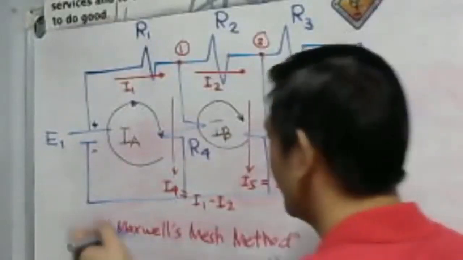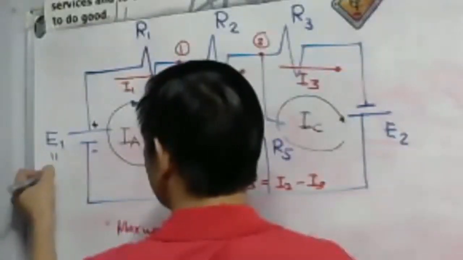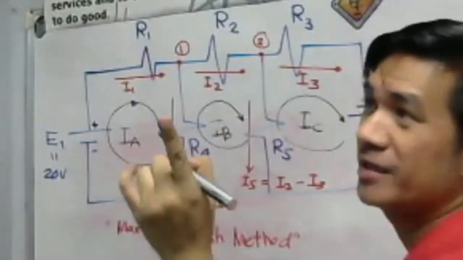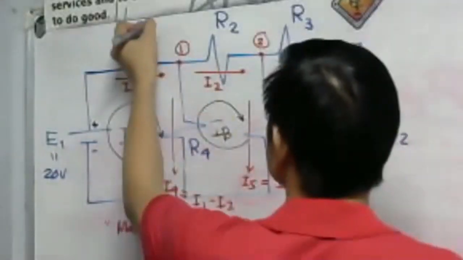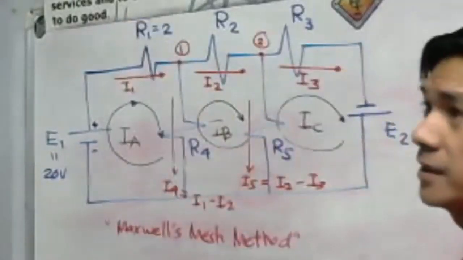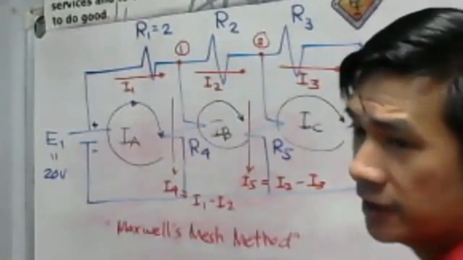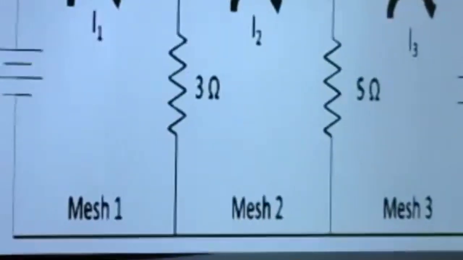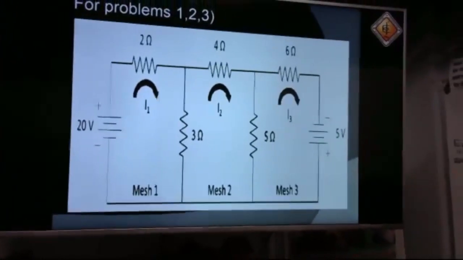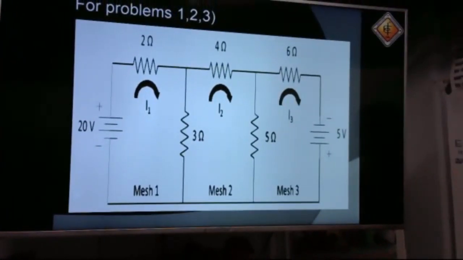So we have 20 volts here. So we have 2 ohms, then 3 ohms. Then for R2, we have 4 ohms. Then we have 6 ohms. Then we have 5 ohms.